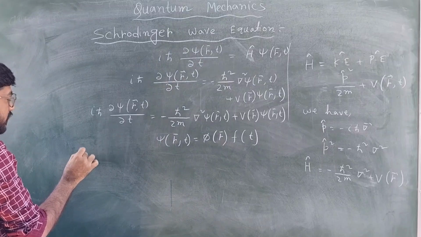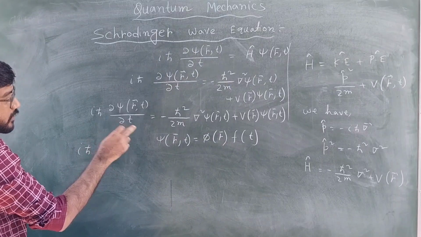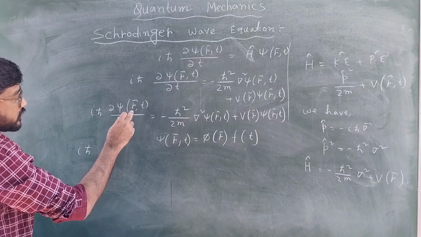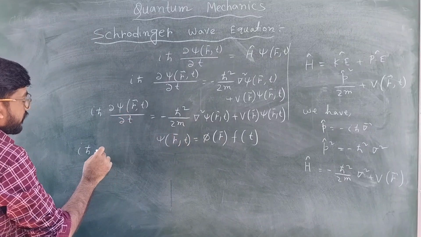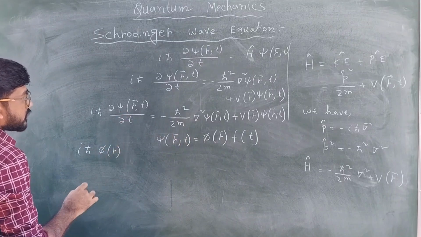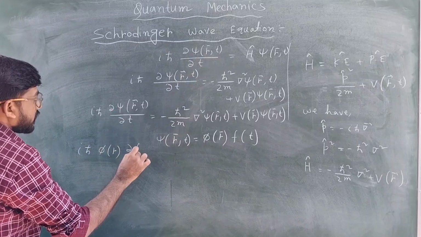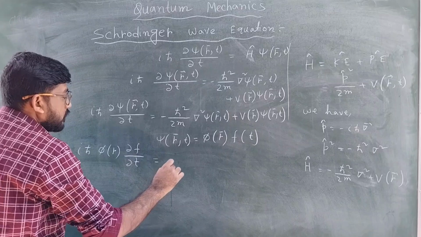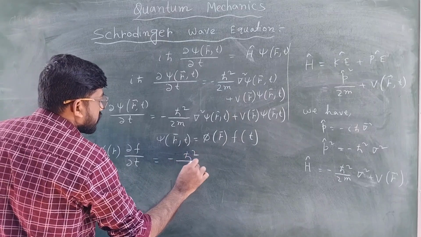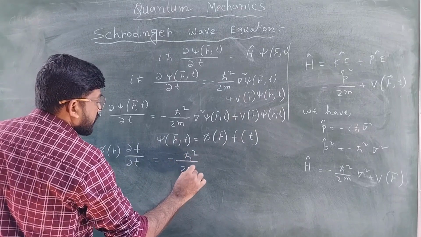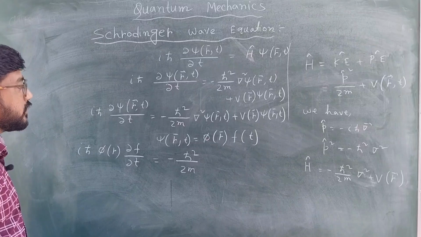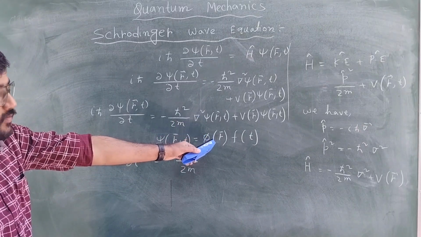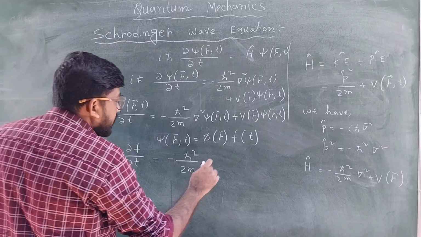This will become iħ, and if you take the differentiation del ψ upon del t, that will be φ of r, which is not a function of time, times ∂f/∂t. That will be equal to minus ħ square upon 2m.